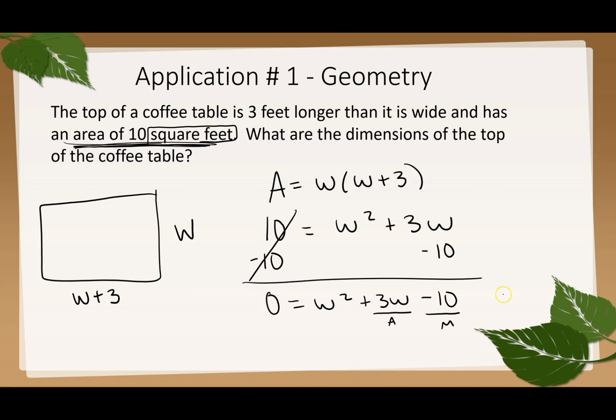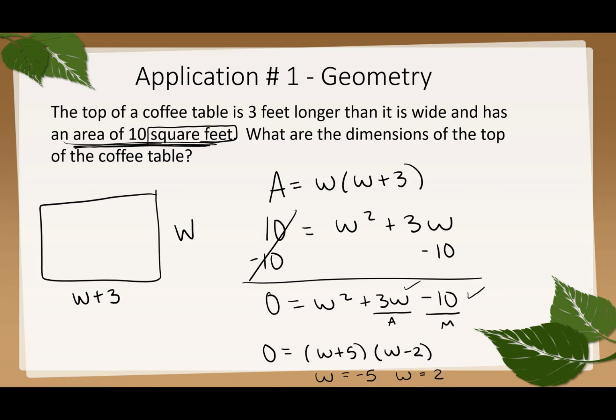That would be 5 and negative 2. So I can rewrite this as W plus 5 and W minus 2. Let me make sure that works. 5 times negative 2, yep, that works. 5 minus 2 is 3, yep. So my answer is going to be W equals negative 5 and W equals 2.